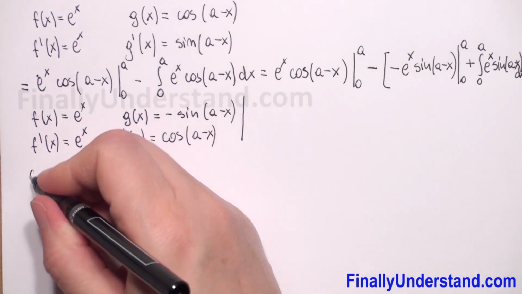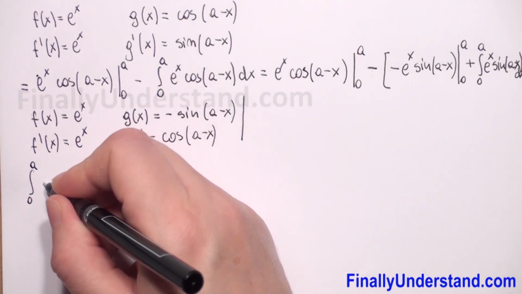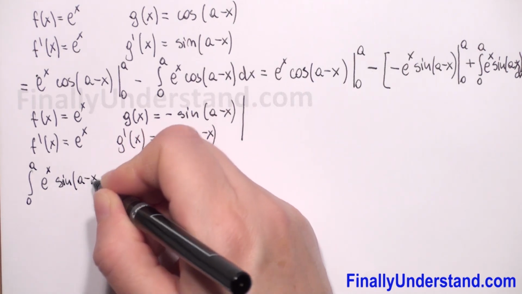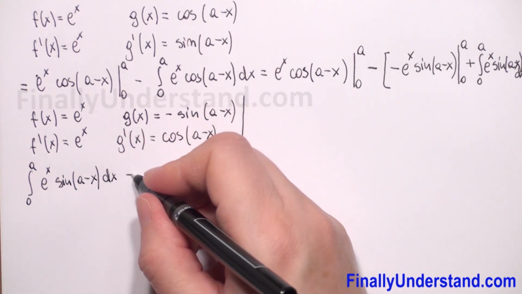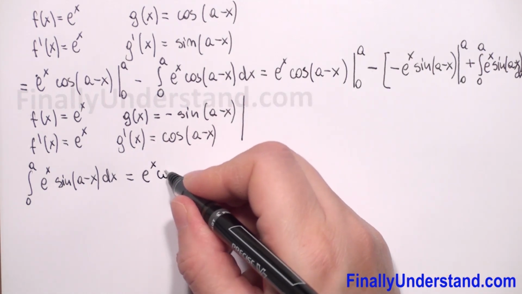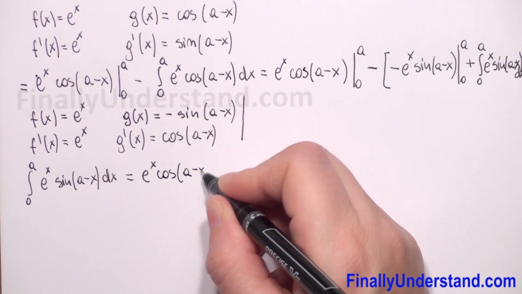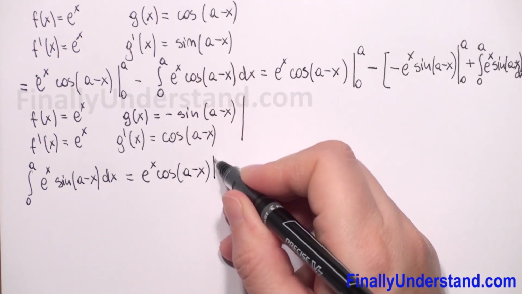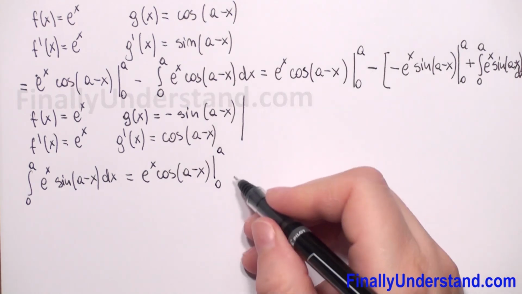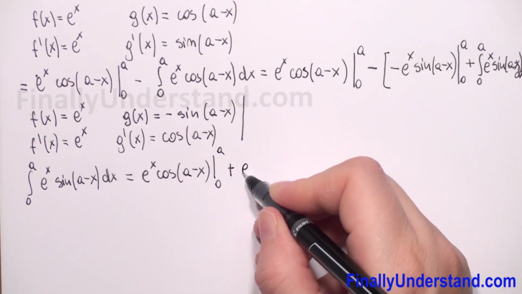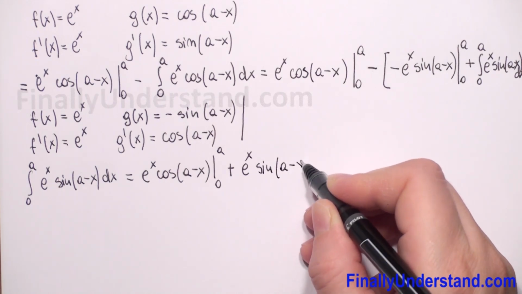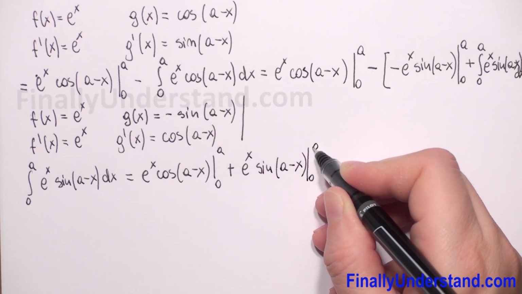We have the integral from 0 to a of e to power x sine of a minus x dx. This is equal, we got e to power x cosine of a minus x, limits from 0 to a, and now we have negative and negative give us positive e to power x sine of a minus x, limits from 0 to a.